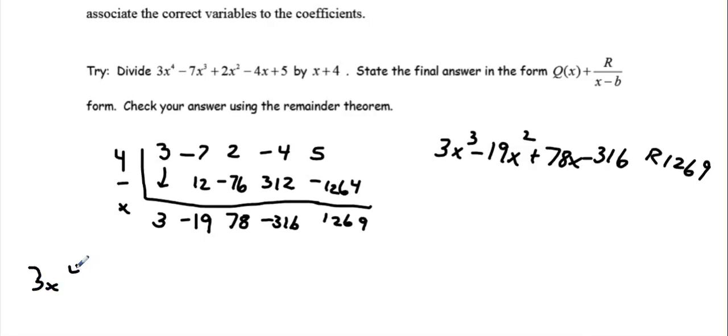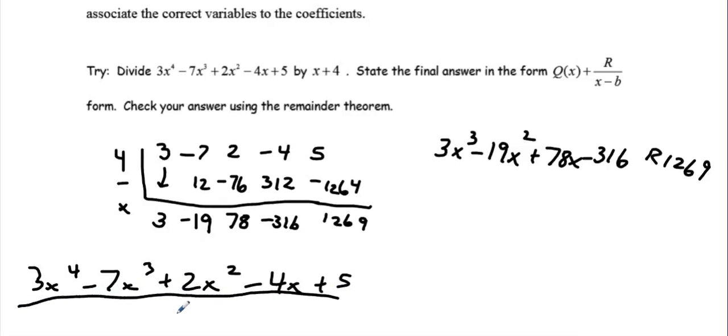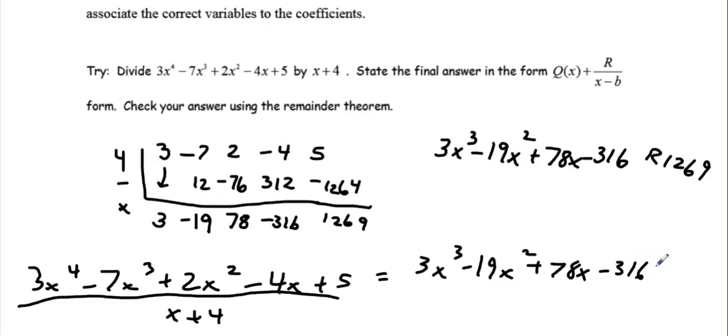Our question: 3x to the 4th minus 7x cubed plus 2x squared minus 4x plus 5 divided by x plus 4 is equal to the quotient 3x cubed minus 19x squared plus 78x minus 316 plus our remainder, which is 1,269 all over x plus 4. Alrighty.